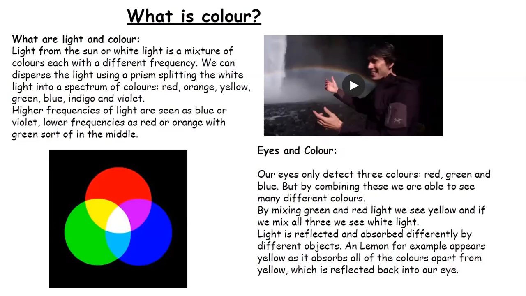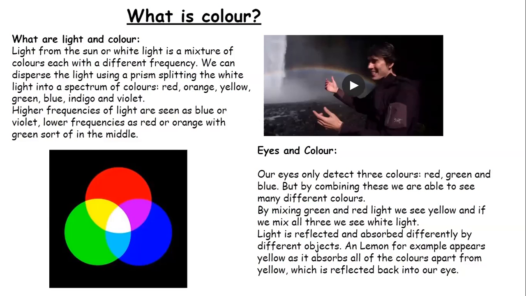Okay, now within that spectrum of light, the light waves that represent the different colors are at different frequencies. That is the number of complete wave cycles within a second.